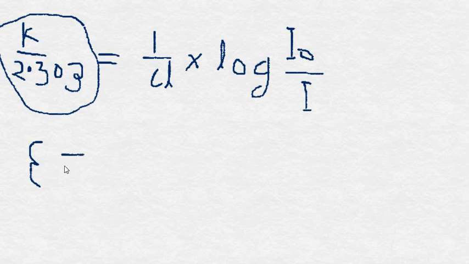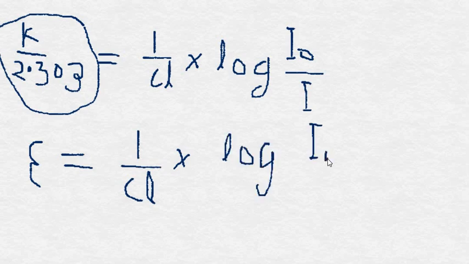Epsilon equal to 1 by CL into log I naught by I.